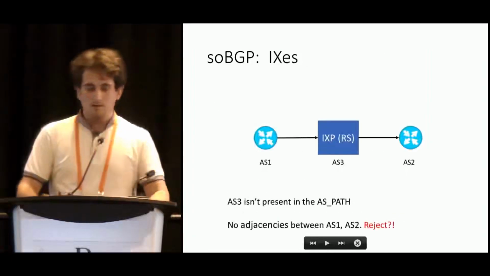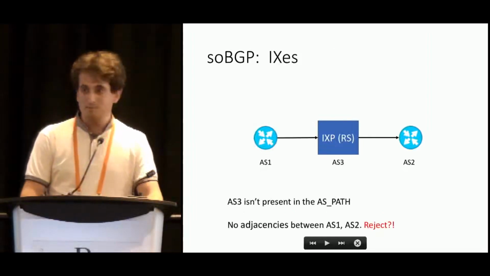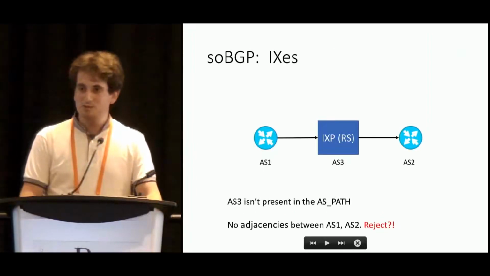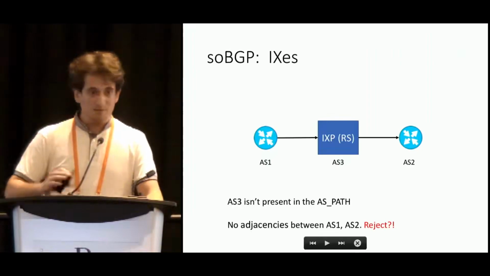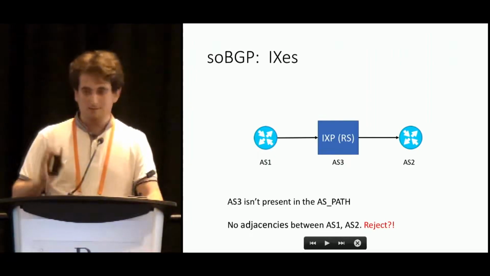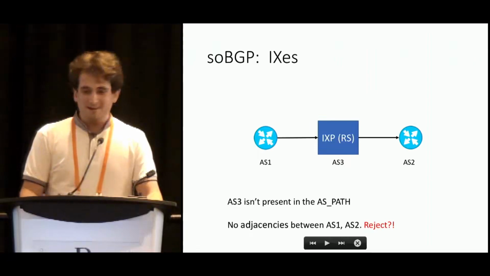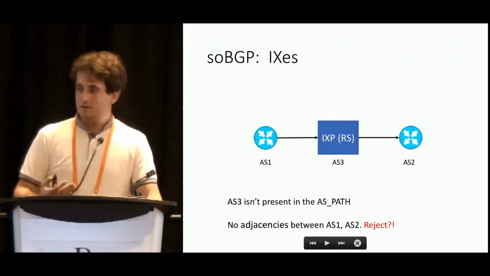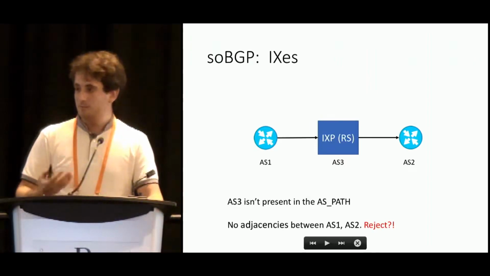Another problem is IXPs. IXPs prefer to say that they are not participating in routing. This position is arguable, but it happens, unfortunately. And transparent IXPs are not adding their autonomous system number in the path.